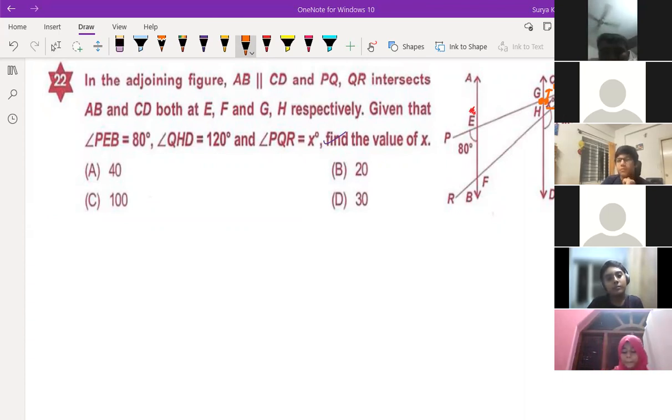23rd, the angle bisector of angle of linear pair. That is easy, almost similar question. 3 questions I'm just putting over here: 23, 24, 25.